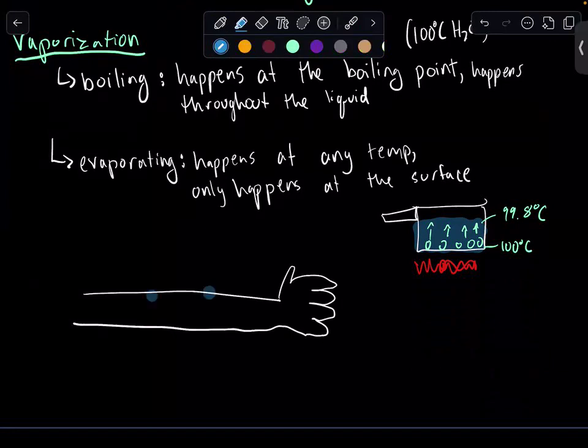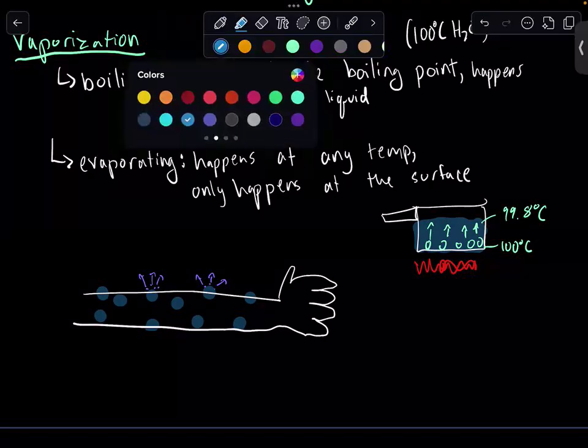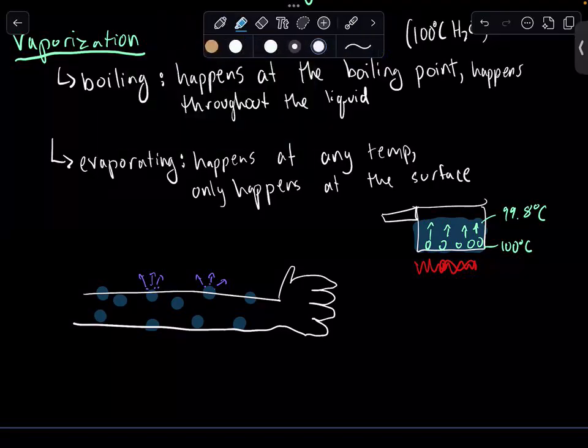And you've got droplets of water on you. Let's just say you have a bunch of droplets of water on you. Only at the surface of these droplets will these water molecules leave. And eventually, these droplets will grow smaller in size.